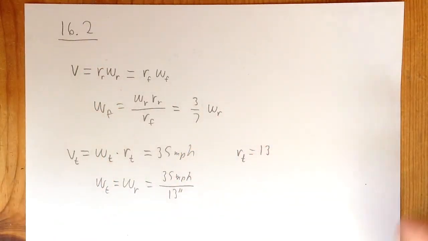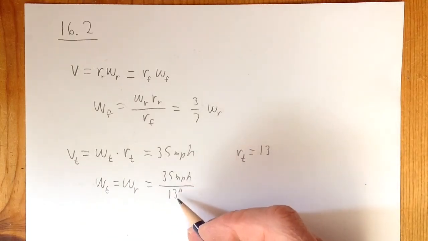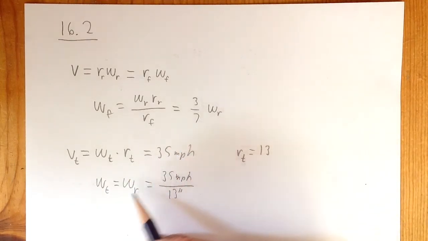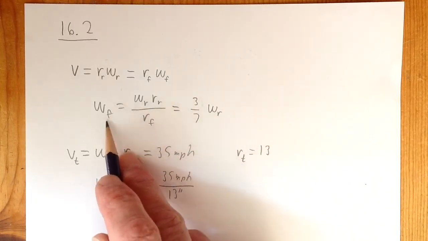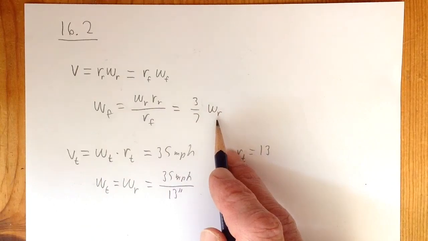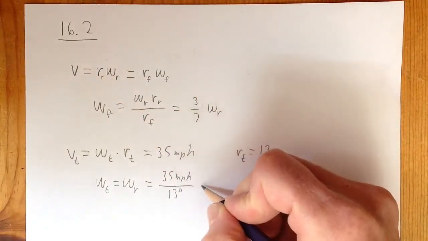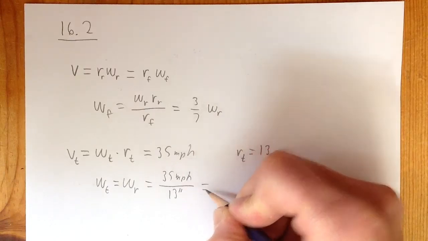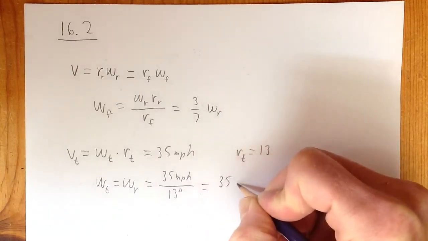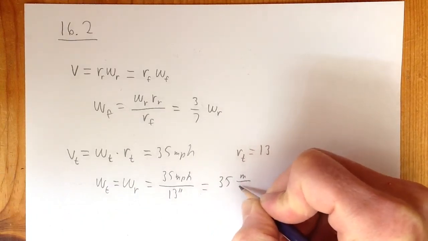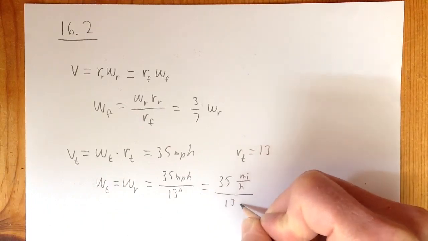Again, we want this in rotations per minute, so that we get the right thing for the front in rotations per minute. We need omega r in rotations per minute. So I'm going to write my miles per hour differently: 35 miles per hour divided by 13 inches.